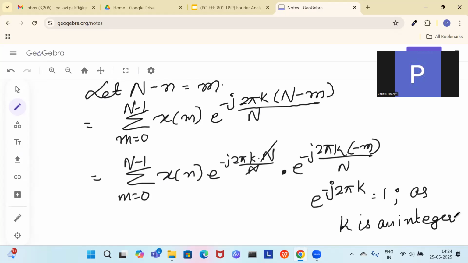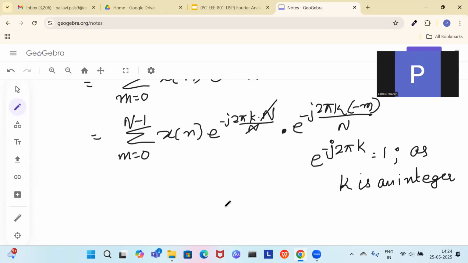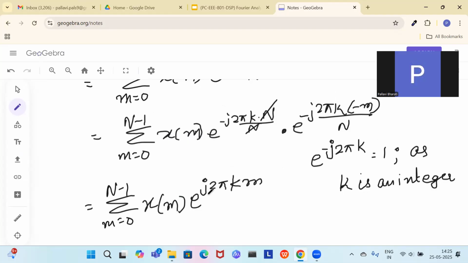Now see over here what we are left with is the sum over m equals 0 to N minus 1 of x of m, e to the power j 2 pi k small m by capital N, since it was minus over there. So you can write it as plus m.